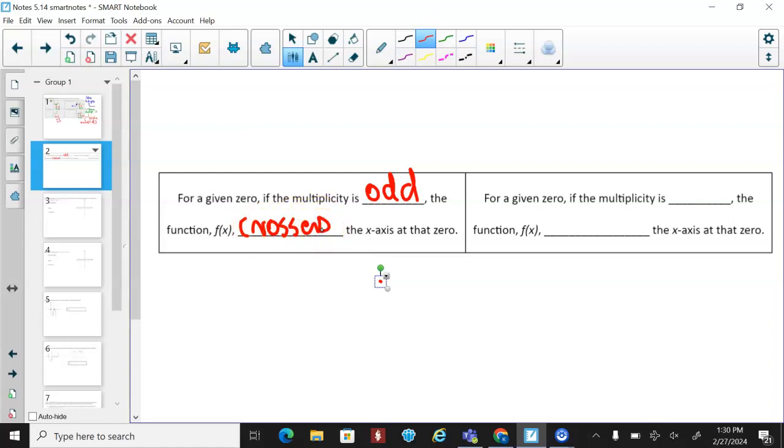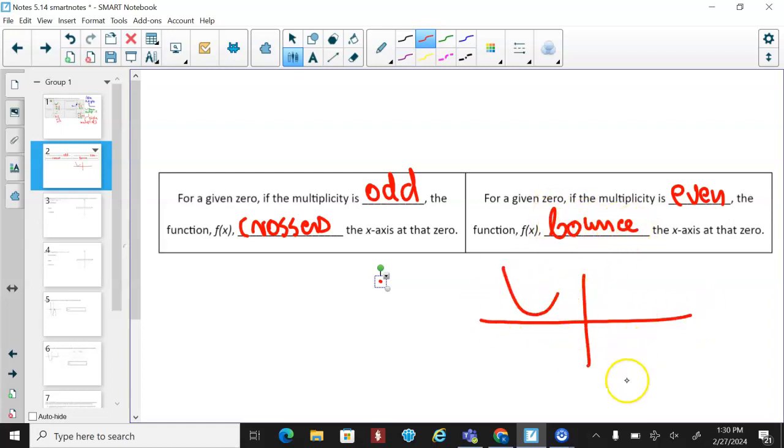Now, if for given zeros the multiplicity is even, that just means that it's going to be bouncing. So it will touch it like this, and it will never, ever cross it, okay?